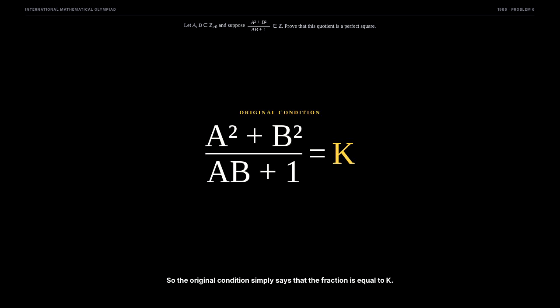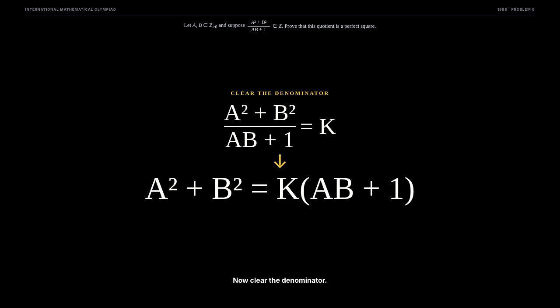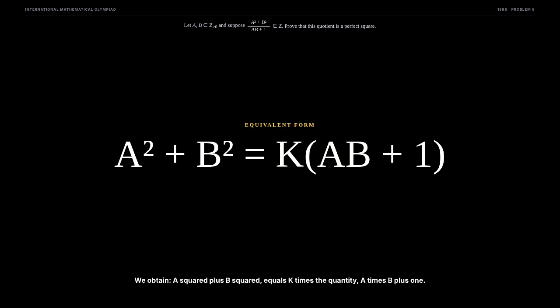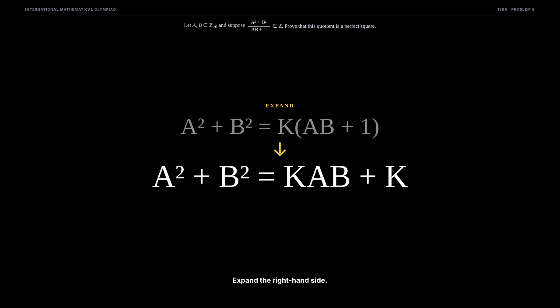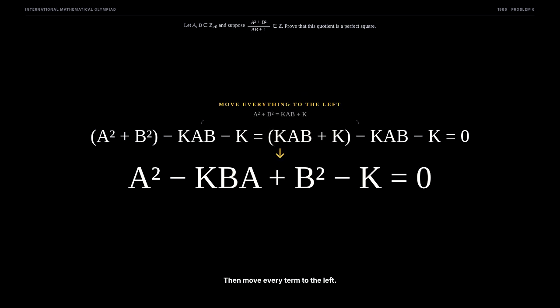Now clear the denominator. We obtain a squared plus b squared equals k times the quantity a times b plus 1. Expand the right-hand side, then move every term to the left. We get a squared minus kba plus b squared minus k equals 0.